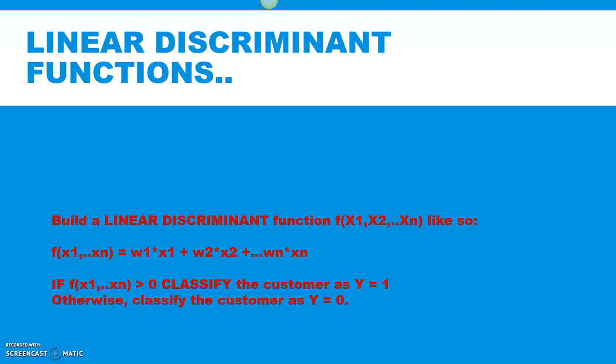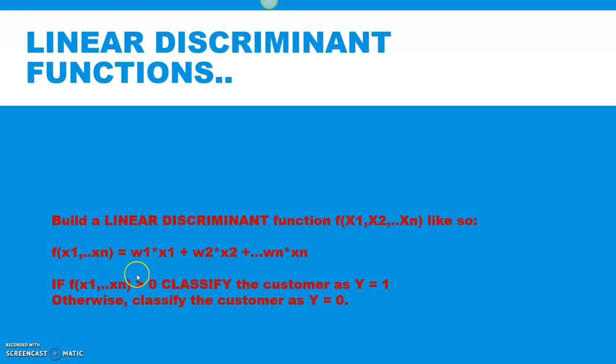Okay, let's finally cut to the chase, and look at linear discriminant functions. Again, this is a parameter fitting function, in the sense that if you're given a feature vector for a customer x1, x2, through x sub n, you basically weight feature 1 with weight w1, feature 2 with weight w2, feature n with weight wn, and form a composite function: w1 multiplied by x1 plus w2 multiplied by x2 plus w sub n multiplied by x sub n.